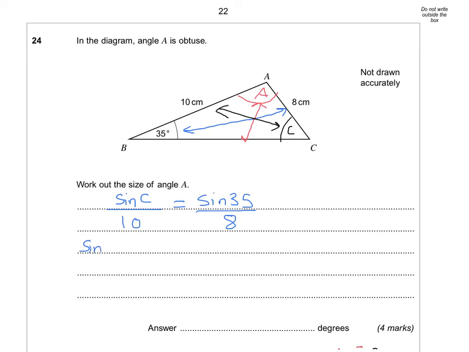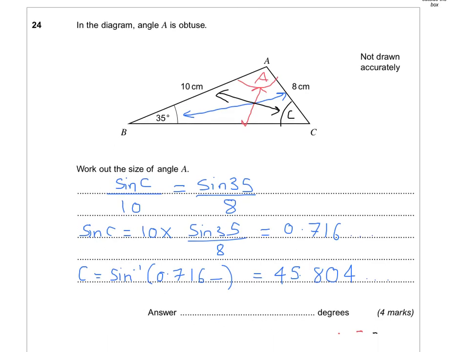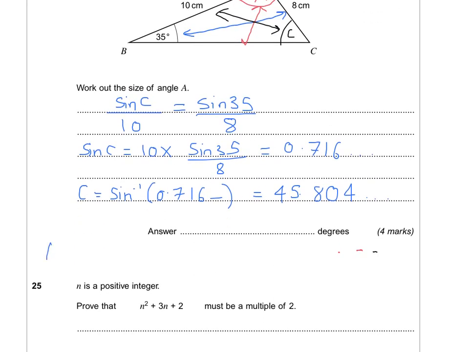So sine C is equal to 10 multiplied by sine 35 over 8, which, if we type into our calculators, gives us a value of 0.716... Angle C then equals sine to the minus 1 of 0.716, etc., which is 45.804... And we can then work out angle A by doing 180 minus 35 minus angle C.